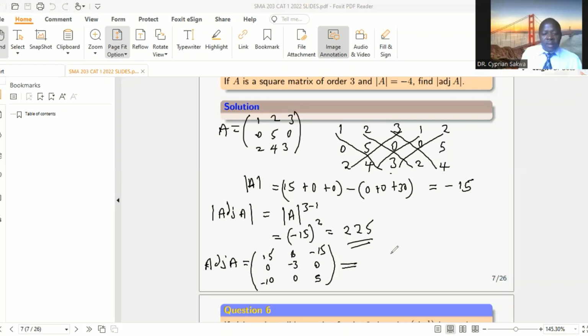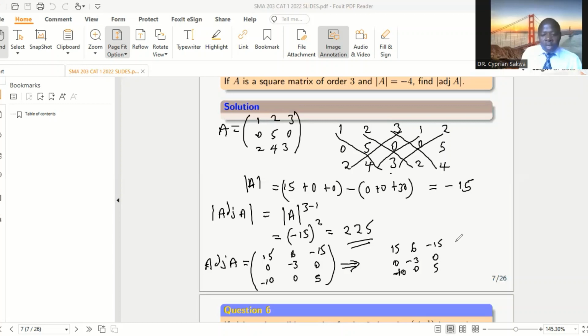Let's just arrange this. This will be 15, 6, negative 15, 0, negative 3, 0, and this is negative 10, negative 10, 0, 5.